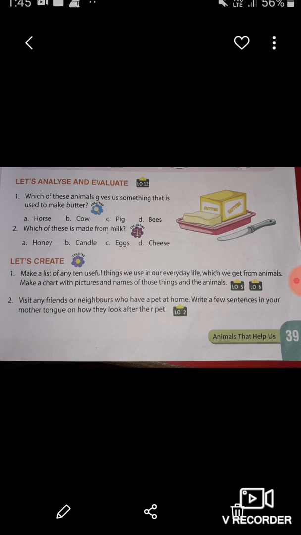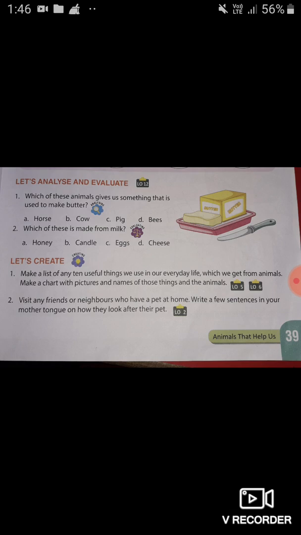So students, you have to visit your friend's home or neighbors with your parents, and you have to know about their pets, and you have to write a few sentences about them in your mother tongue, and write how they look after their pet.